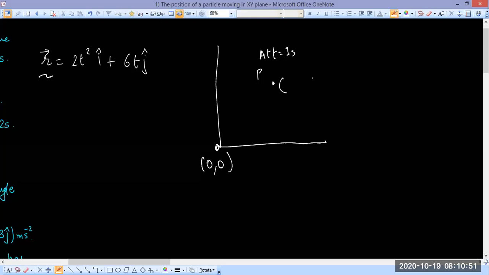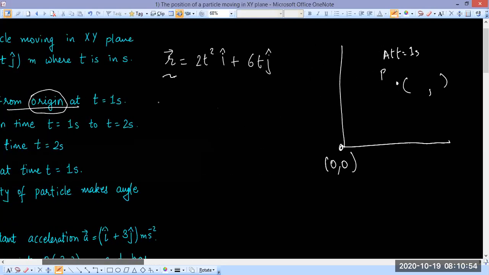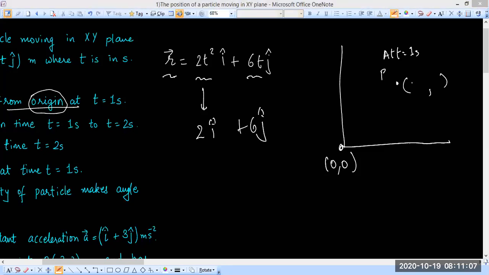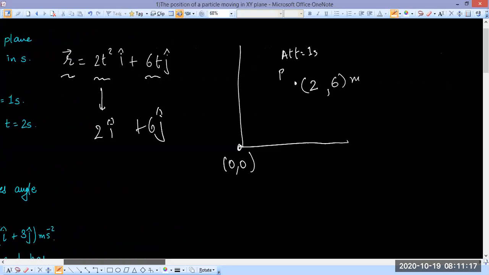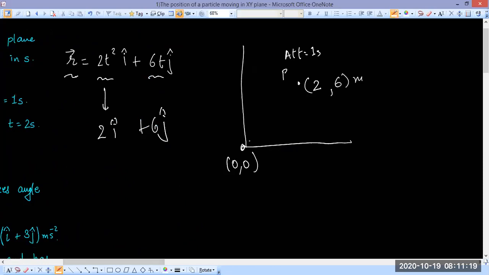The coordinates of the particle at t equal to 1 second can be easily found. If I put t equal to 1, I'll get 2 i caret and 6 j caret. That means the position of the particle is (2, 6). I hope that is clear. Now if I want to find the distance of the particle from origin, I will simply use the distance formula.